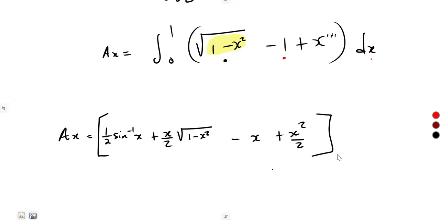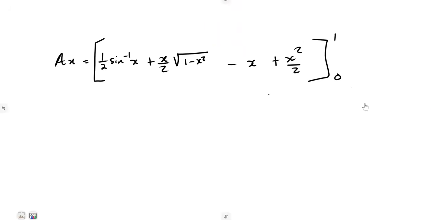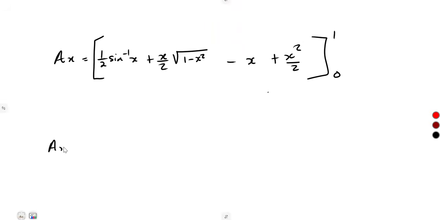We have integrated. Then we can substitute our limits. Upper limit minus the lower limit. And your calculator must be in radians. When substituting this arc sine, whatever that you have there, your calculator must be in radians.